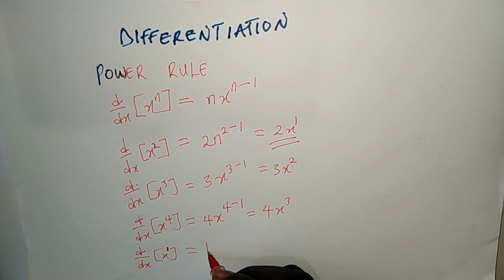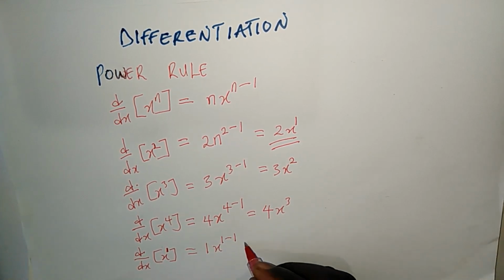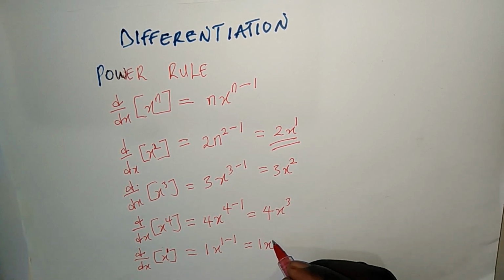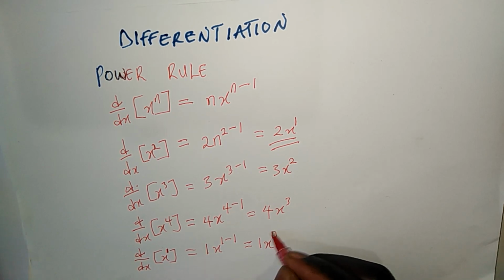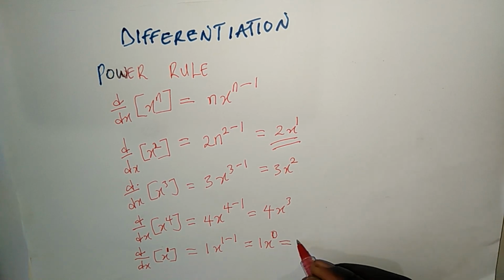So you say 1 times x raised to 1 minus 1, which is going to be 1 times x raised to 0. Now, anything raised to power 0 is 1. So 1 times 1 will still be 1. Therefore, our answer will be 1.